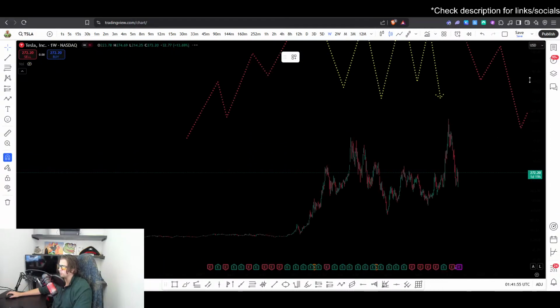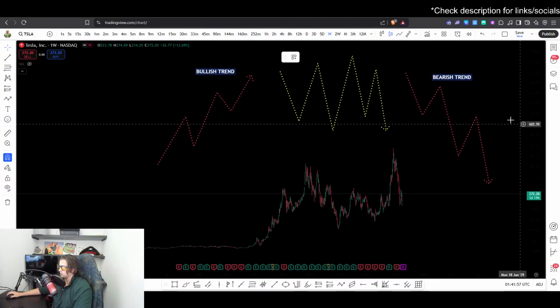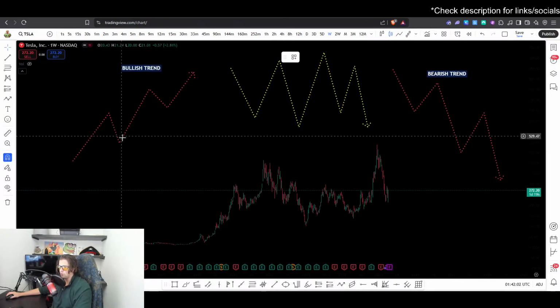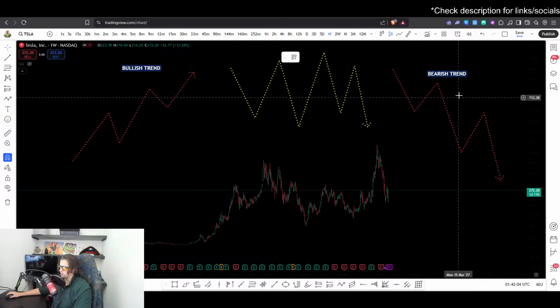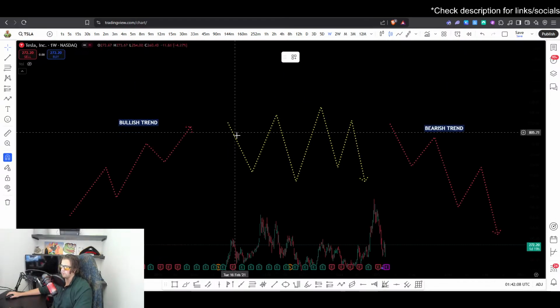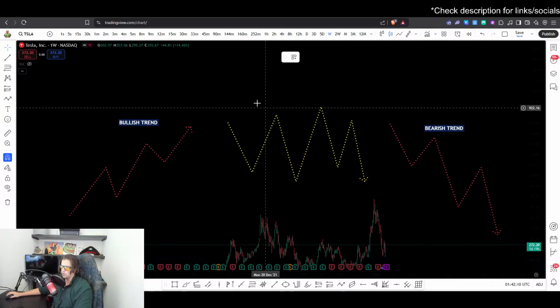That there's really kind of three types of market structure. So when I talk about market structure, I'm talking about these bullish trends, these bearish trends, and these ranging environments. Now you'll hear a few other words for range environments.